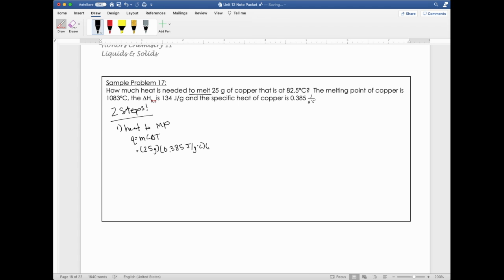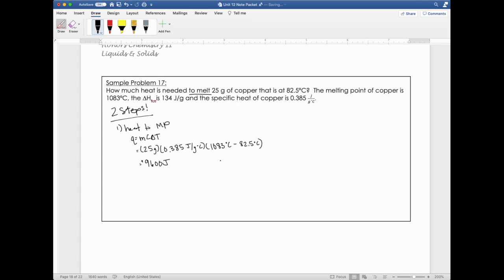And final minus initial for delta T. So your final temperature is 1083, because that's the temperature that it starts to melt at. So 1083 degrees Celsius, and my initial temperature is that 82.5 degrees Celsius. And when you solve for that, you should get 9,600 joules must be applied.